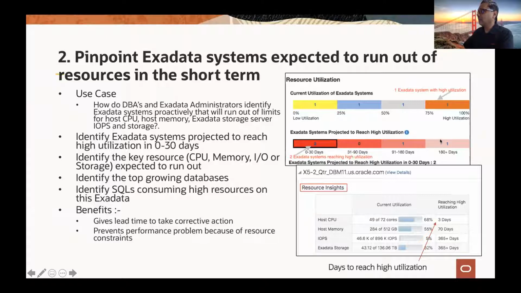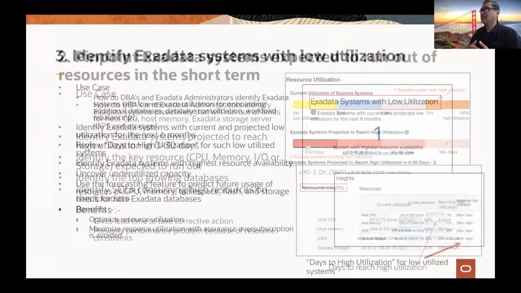On the right hand side, I have a system which has enough capacity to last for 180 days. Those kinds of insights, for the current resource utilization as well as for the future, give you lead time for any capacity issues and help you get better performance. So that was my second tip.